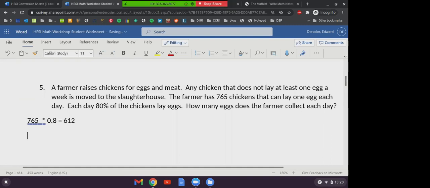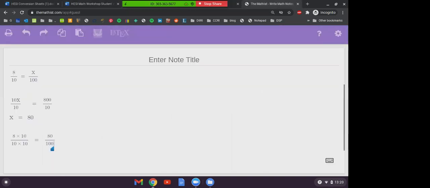The other way some people like to do percents is they can use a proportion. So you take your 80 over 100. I'll do it on the other side here, so I can type the fractions. You're going to take 80 over 100 equal to x over 765, right?